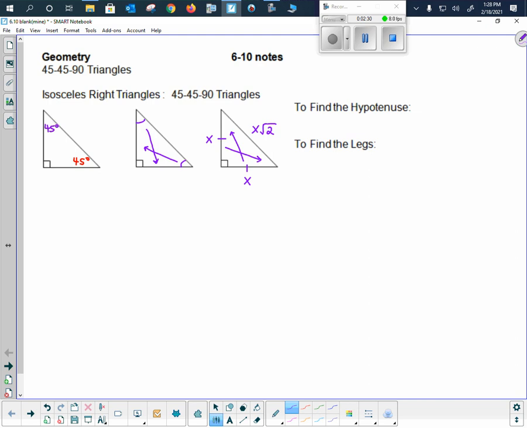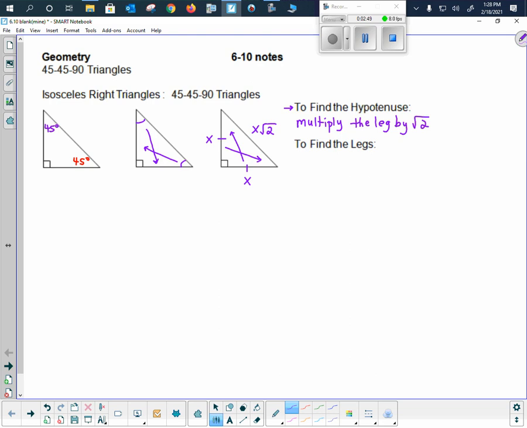Now if you just want to put that in words, over here it's going to say to find the hypotenuse, you're going to multiply, because we want to get longer. So you're going to multiply the leg by root 2.